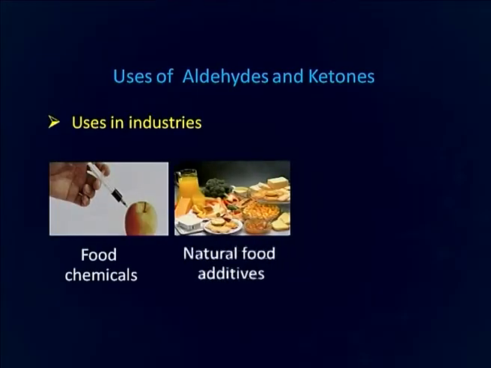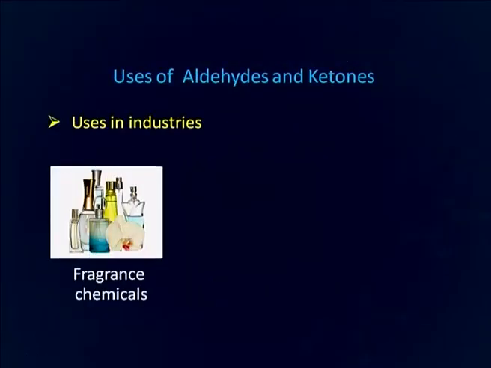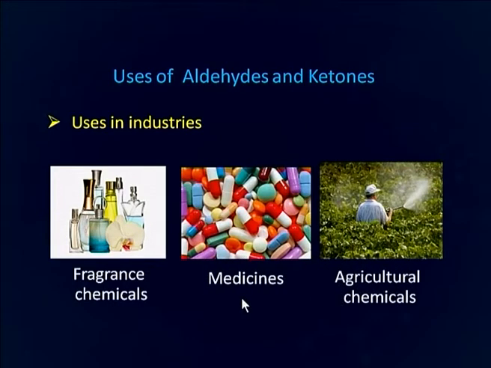Aldehydes and ketones find uses in industries also. A number of aldehydes and ketones are used in food chemicals as natural food additives and as artificial additives. They are also used as fragrant chemicals, they are used in medicines, and they are also used in agricultural chemicals.